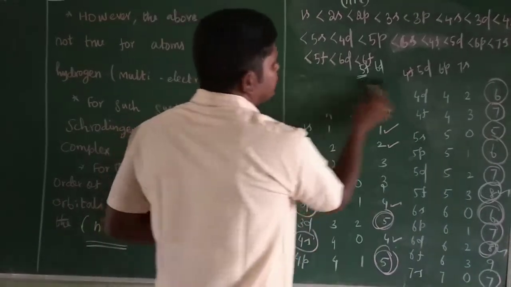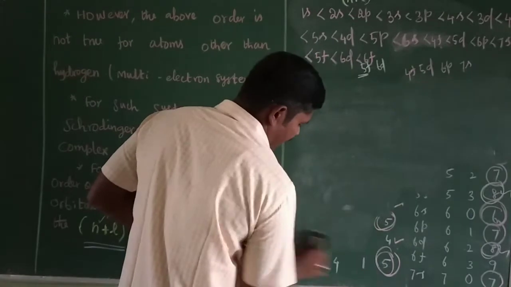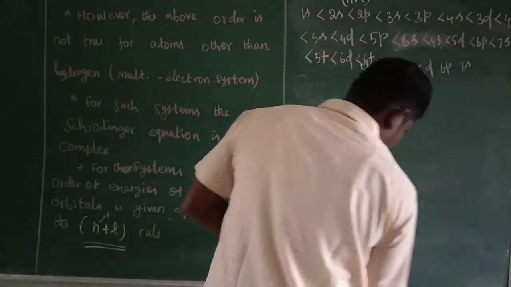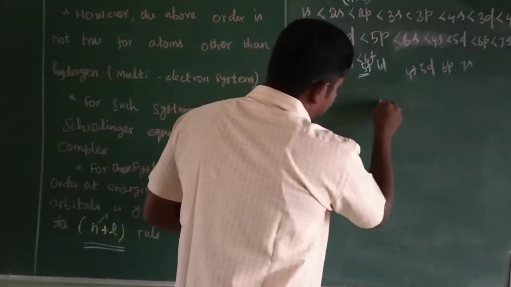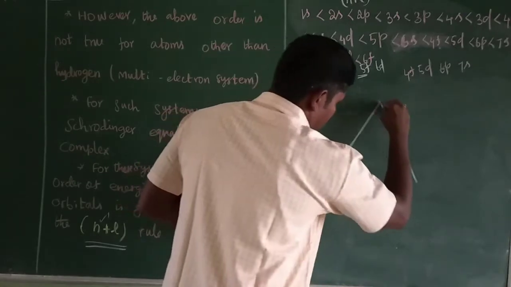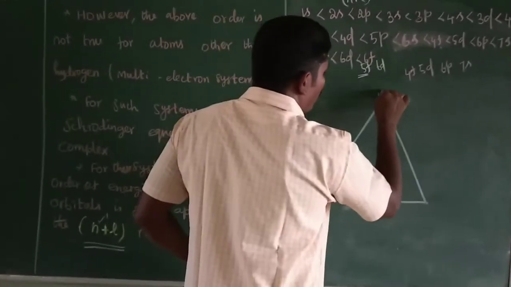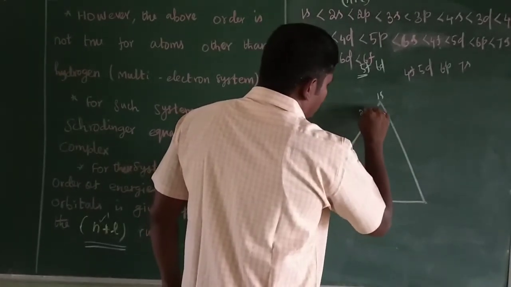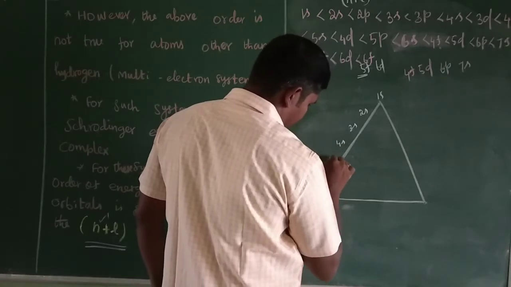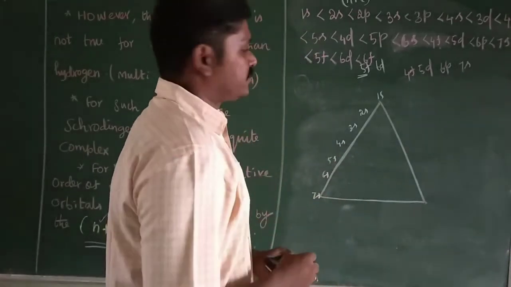Another simple method is to draw a triangle. Write 1s, 2s, 3s, 4s, 5s, 6s, 7s.